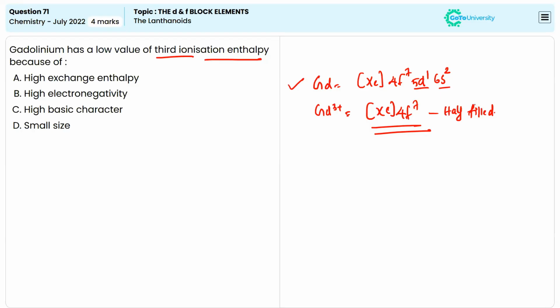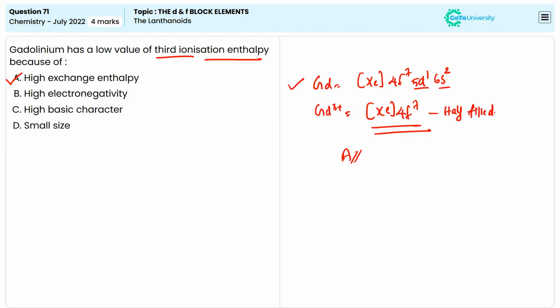As a result, the third ionization energy will be less, because gadolinium can easily produce the gadolinium 3+ ion. Why do they produce the 3+ ion easily? Because when they produce the 3+ ion, they will be highly stable, so they need only a small amount of energy. Less ionization enthalpy means they have high exchange enthalpy. So the correct answer is option A.